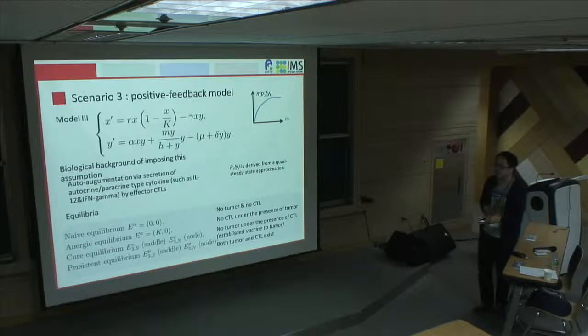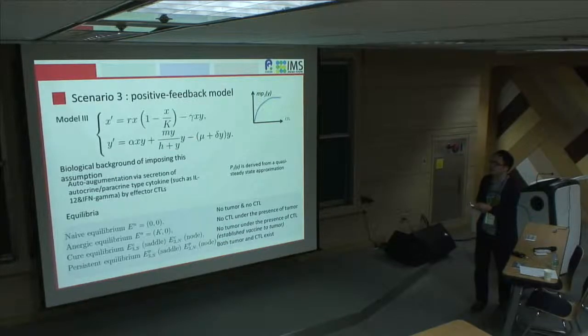They are unchanged, but this QI equilibrium and the persistent equilibrium can become saddle type equilibrium and node type equilibrium. This can be easily understood because if positive feedback fails, it shrinks.